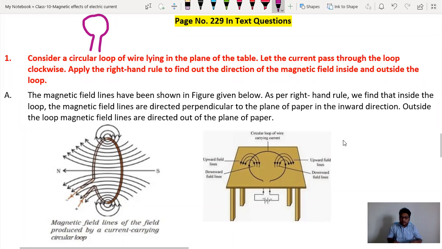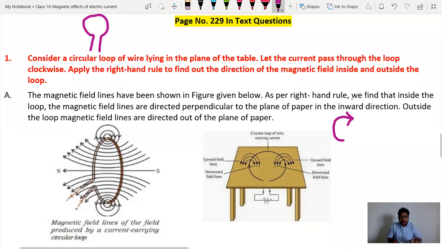Clockwise means this is the direction. Apply the right hand rule to find out the direction of the magnetic field inside and outside the loop. We have a loop lying on the plane of the table. Now, the magnetic field lines have been shown in the figure given below. You can see the magnetic field lines.